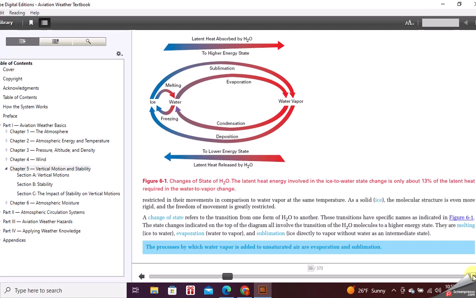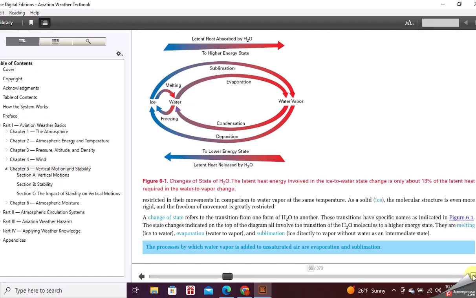So when it is being cooled, latent heat is being released. When it goes the other way and it's melting, heat is being absorbed. In other words, when it goes from ice to water, that ice had to absorb some heat, so it makes sense.